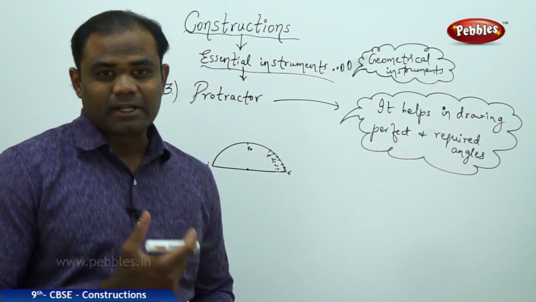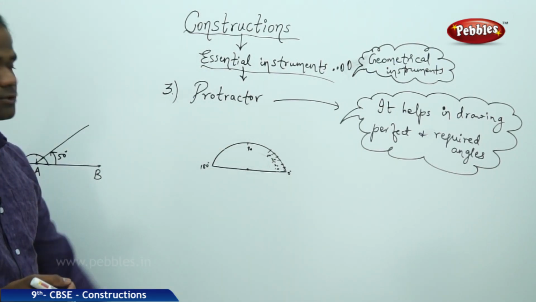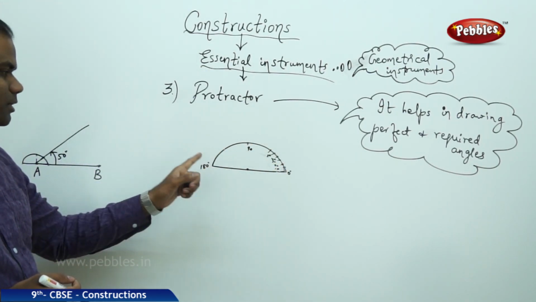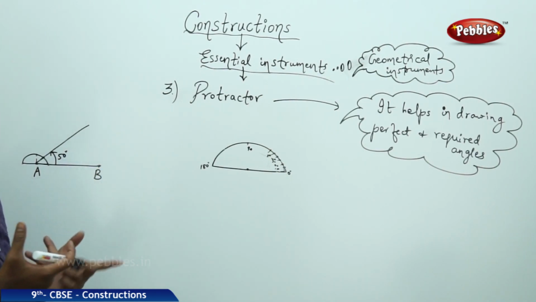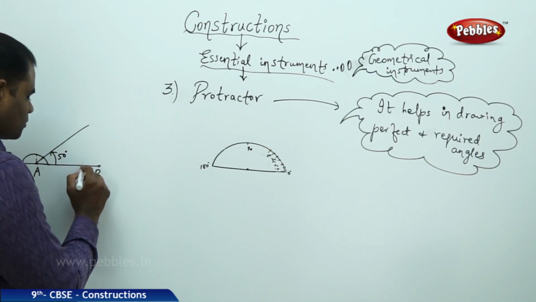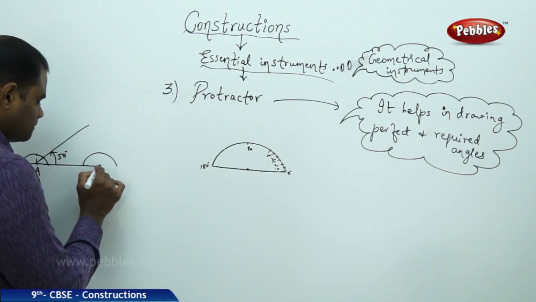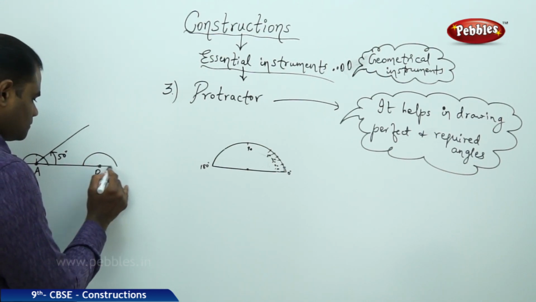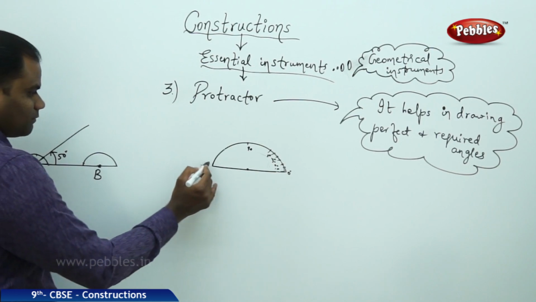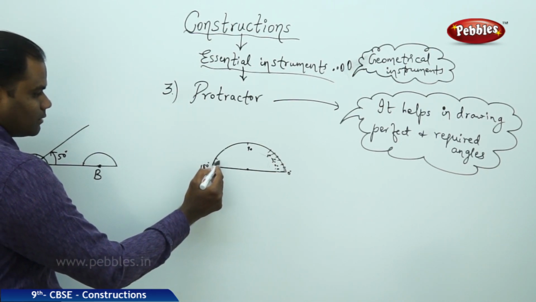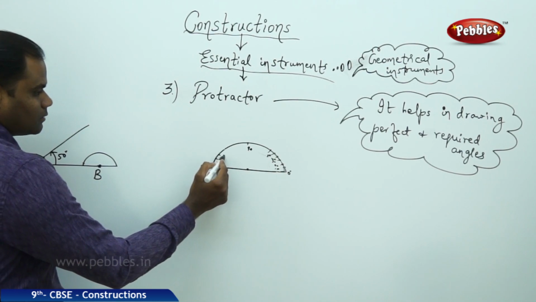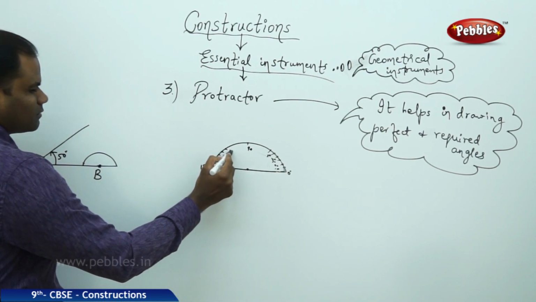So we can make different angles through the protractor, which usually has angles moving from here. Suppose I want to make an angle of 30 degrees from B. I put the protractor out here, and then I have the other set of measurements which start from here: 10, 20, 30, 40, 50.